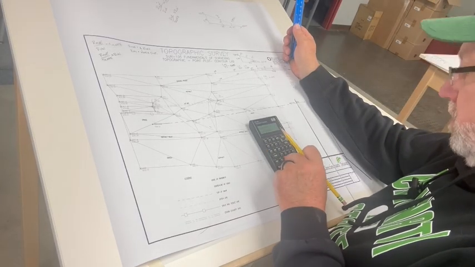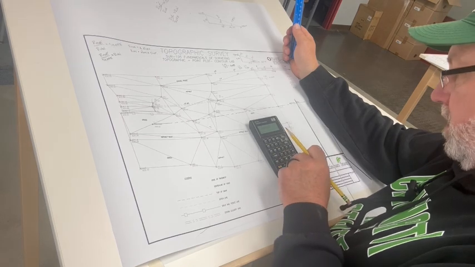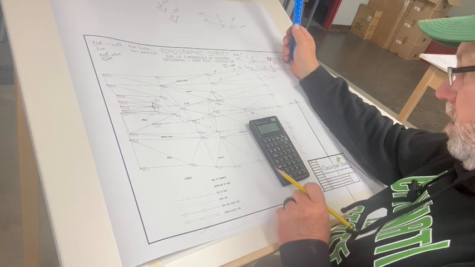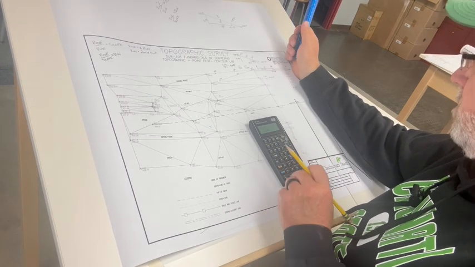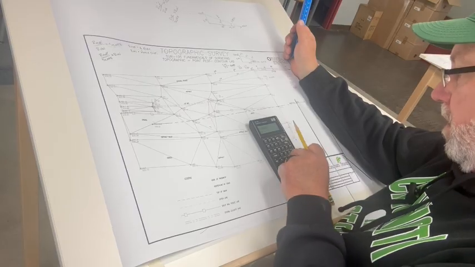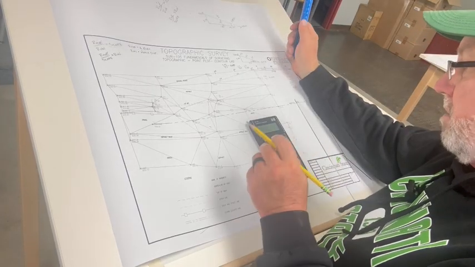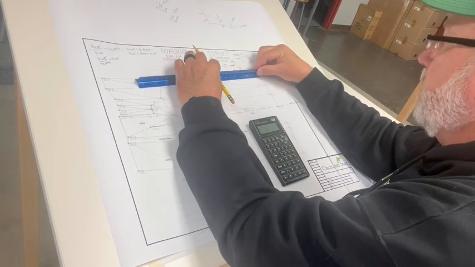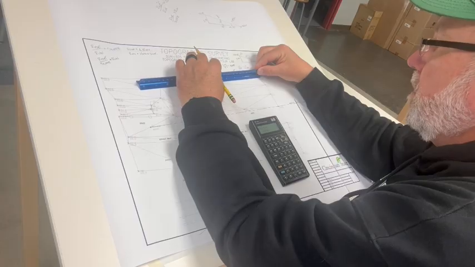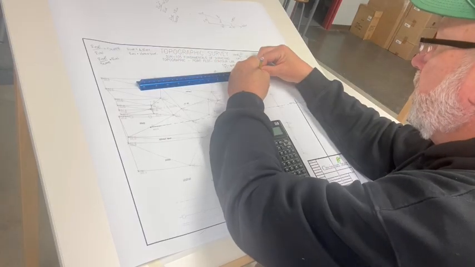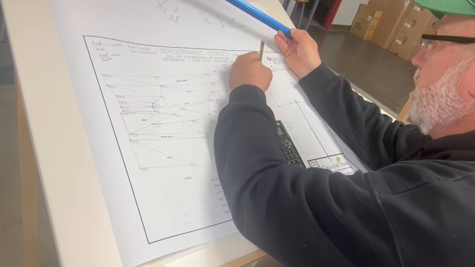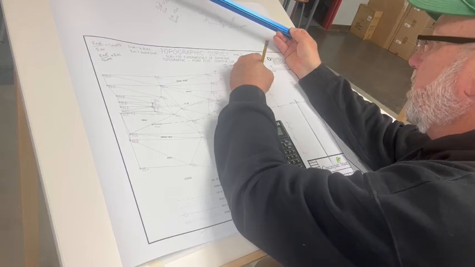924 minus 923.9 is a tenth of a foot. Divide that, that's going to pretty much be right there, 1 foot away. Here's my 924.